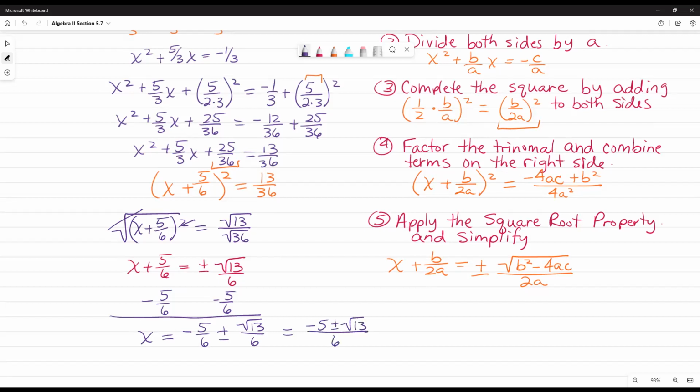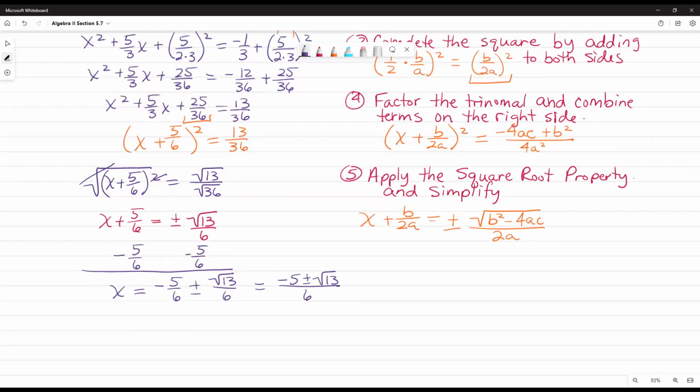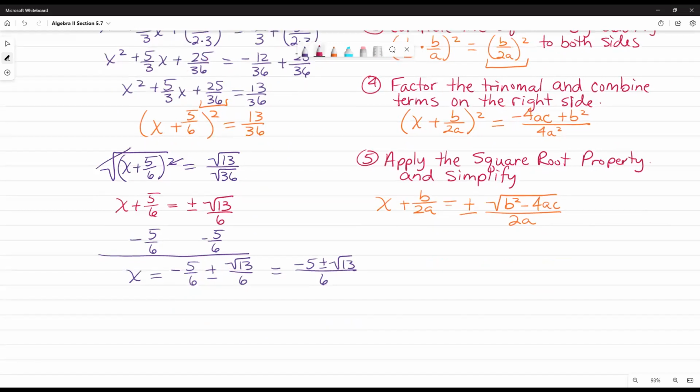They both have the same denominator, so you can combine them. And we are not solving it further because we're not going to fool with an irrational number, square root of 13. All right, and this gives you the quadratic formula: x equals negative b plus or minus the square root of b squared minus 4ac, over 2a.